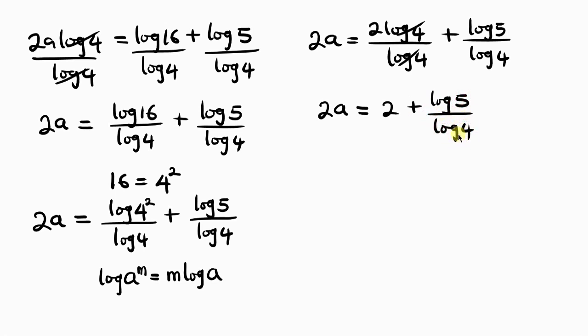Now our next step will be for us to take care of this log 5 all over log 4. And we're going to do that by applying the law of logarithm, which says when I have log m all over log n, this can be written as log m to the base n. You see that? Cool. So let's apply this law of logarithm to what we have here.